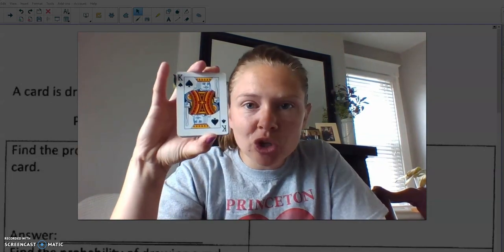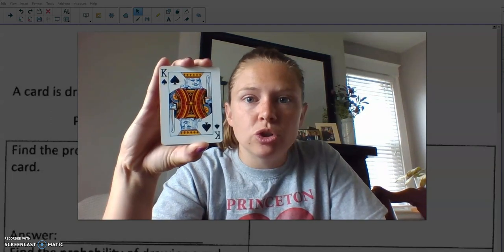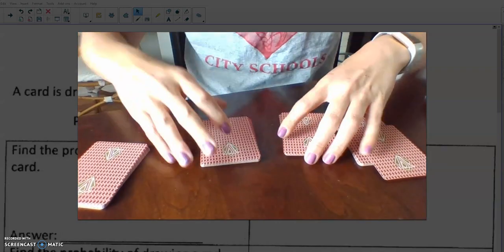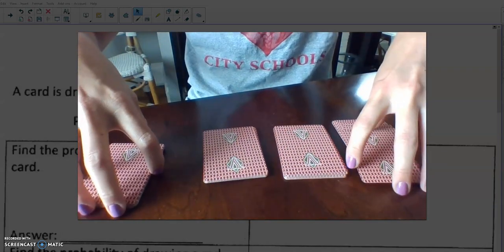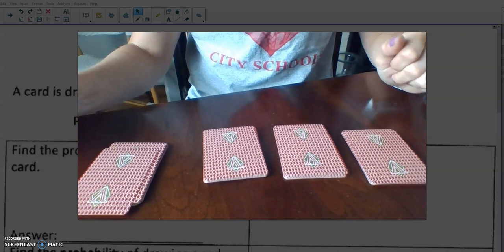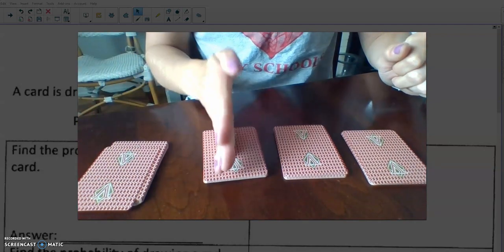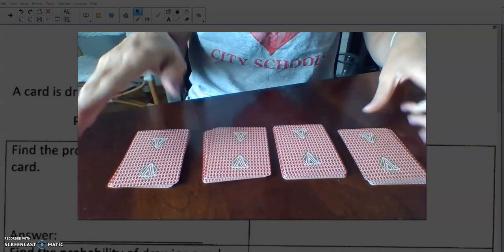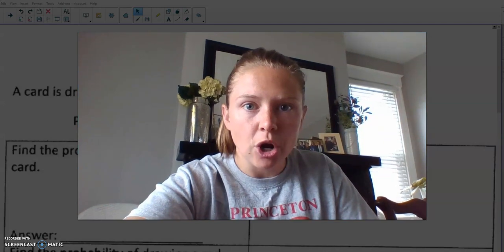That is 13 cards for 1 suit. How many suits do we have? Well, I've got 4 piles here, 4 different suits. 13 plus 13 plus 13 plus 13, or 13 times 4 is 52 cards.